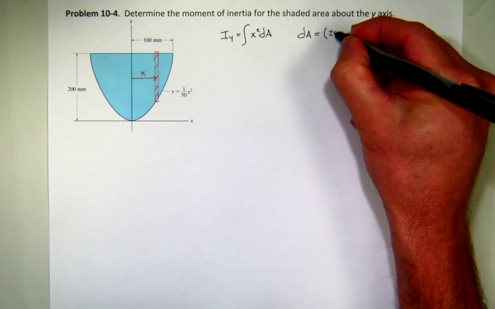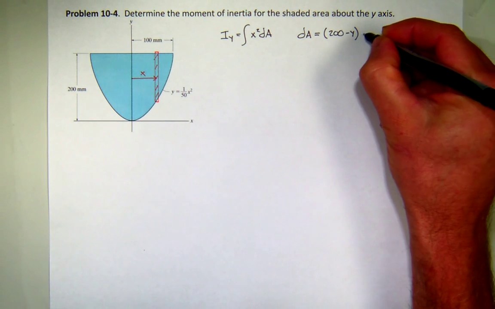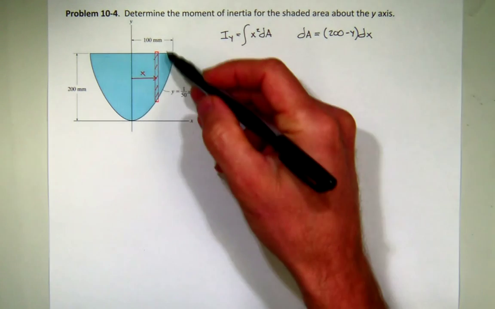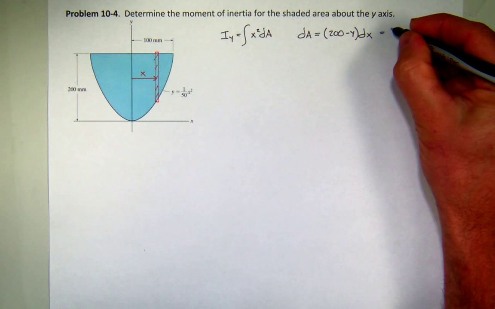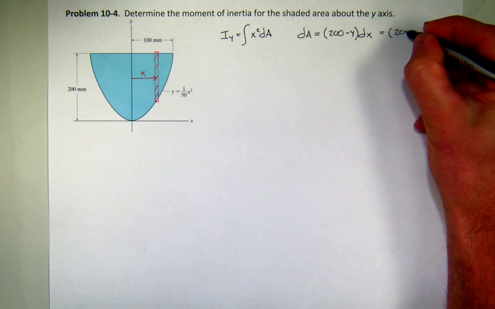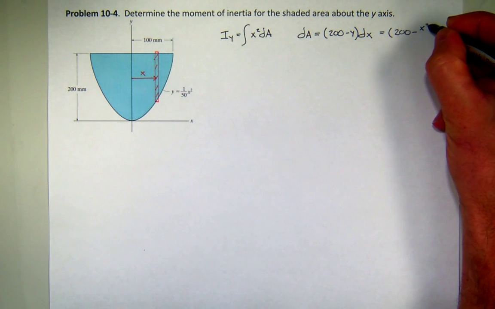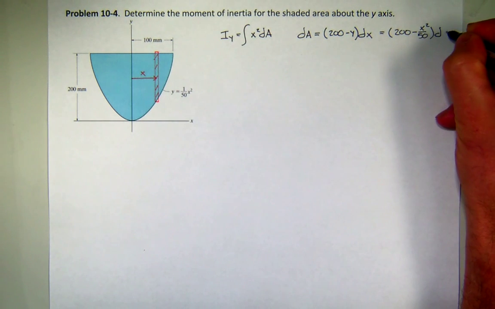So it would be 200 minus the y value given by the equation, and it's dx thick. So what is the y value given by the equation? It's that. So that ends up being 200 minus x squared over 50 dx.